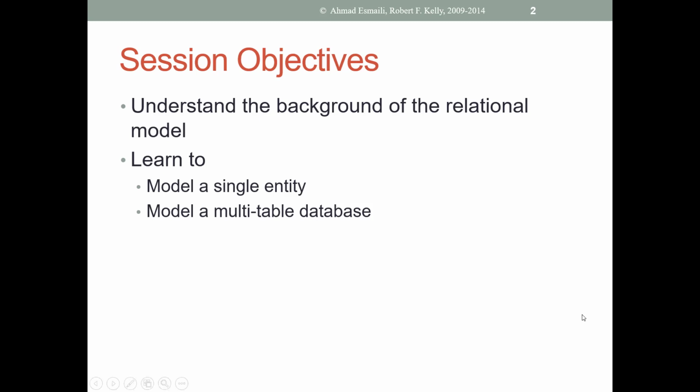We learned how we can model a single entity, and we also looked at modeling more than one table, or a multi-table database with multiple entities, using the example where one table represents the data about the nations, and another table represents the data about shares. You can look at that from the tables point of view, or from the entity point of view.